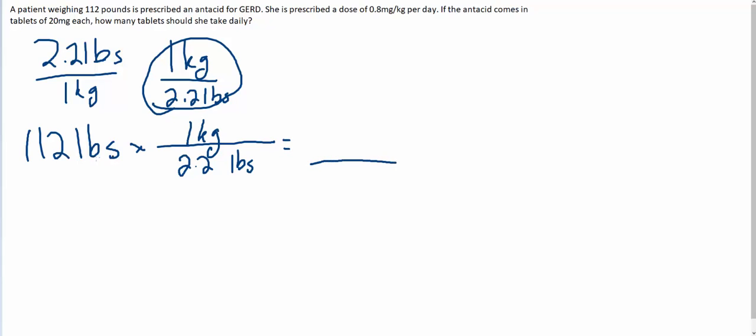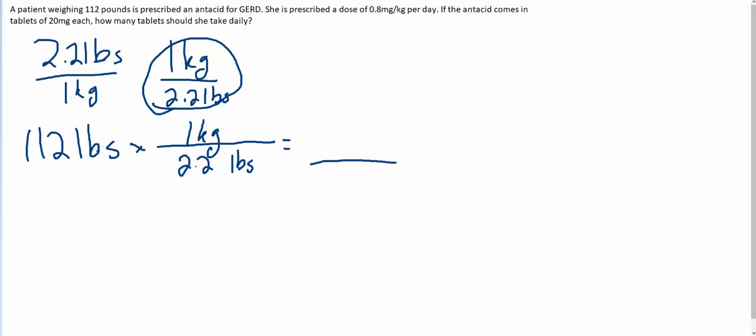We'll write 1 kilogram over 2.2 pounds. And what's going to happen here is we're going to multiply across the top, 112 times 1, which is just 112, and then we're going to divide by what's on the bottom. So we've got 2.2 pounds down here, so it'll be 112 times 1 divided by 2.2.